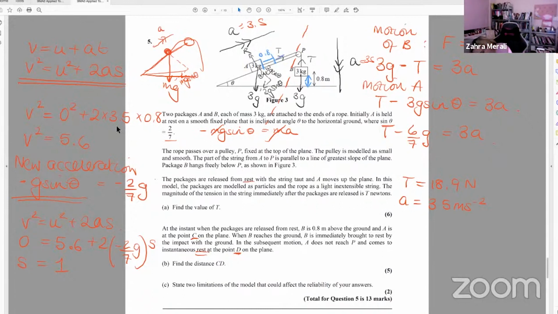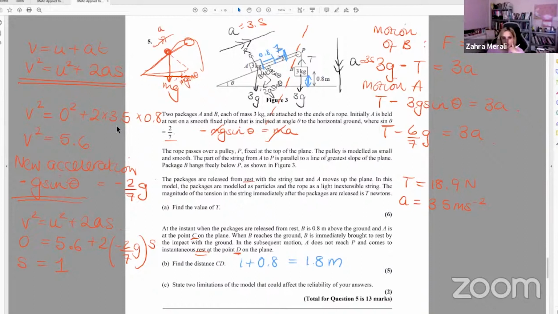And we've just worked out it's continued to move up for another 1. So the total amount that it's moved up is 1 plus the 0.8, so it's 1.8 meters. I hope that makes sense. Look through it again, maybe listen through it a bit carefully, but that's how all of these questions work.